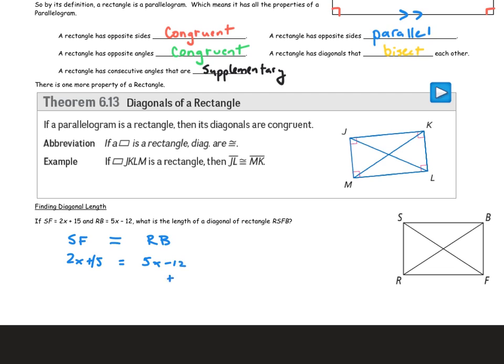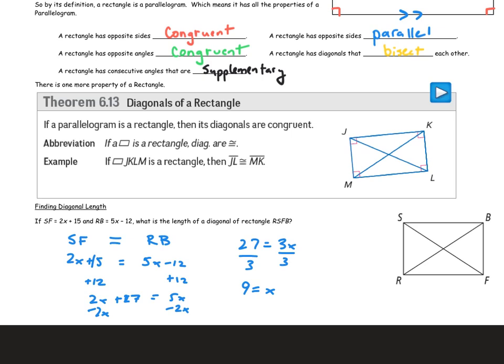So I'm going to add 12 to both sides. I get 2x plus 27 equals 5x. I subtract the 2x from both sides, and I get that 27 equals 3x. Divide both sides by 3, and we get that 9 is x.